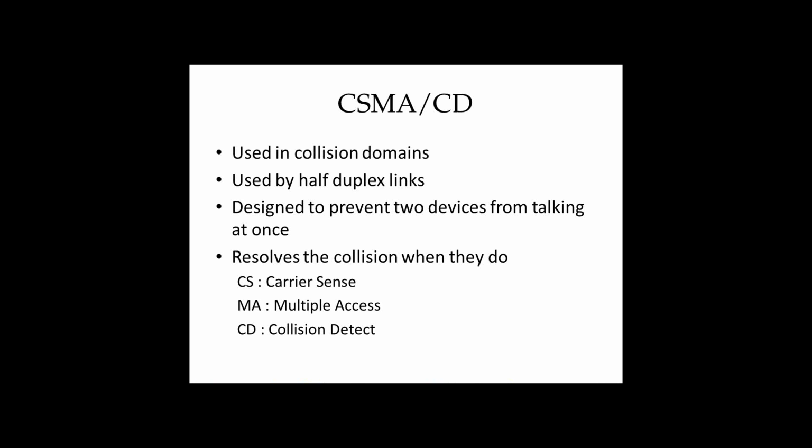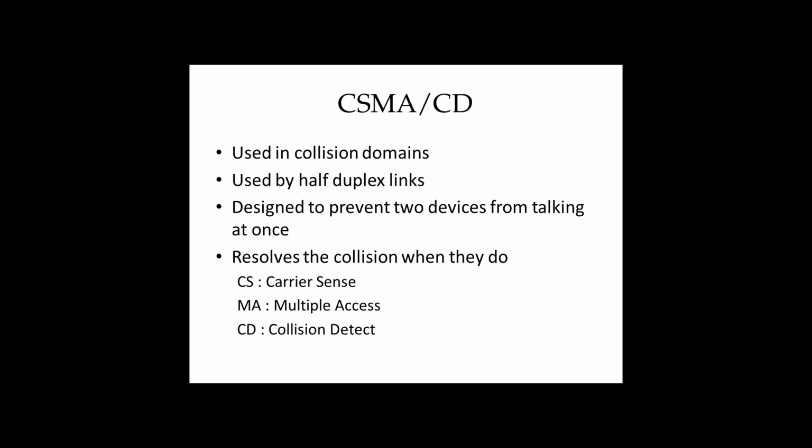The carrier sense basically means that each station, or each node, on the network is continuously listening for traffic on the wire to determine when there are gaps between data transmissions. So they're basically waiting for the wire to be quiet so that they can then talk.